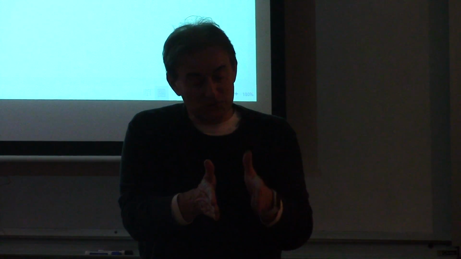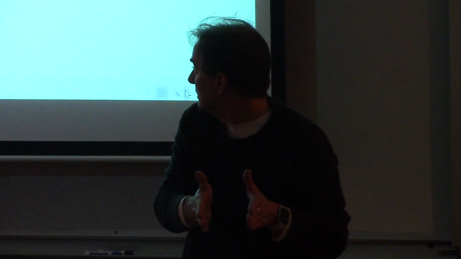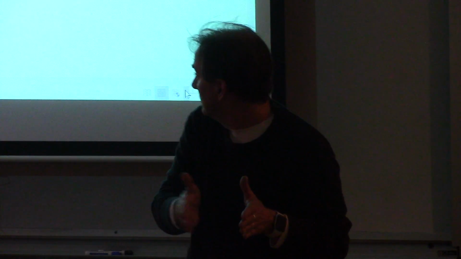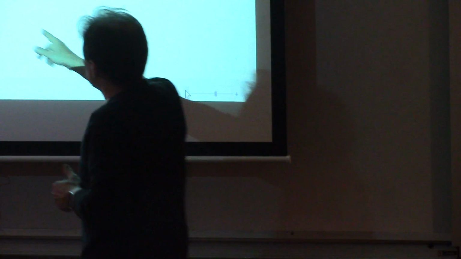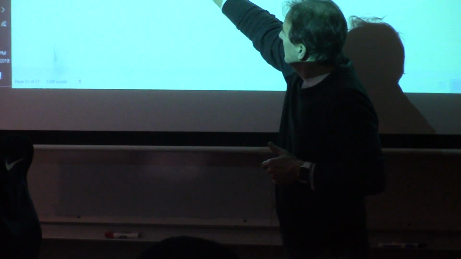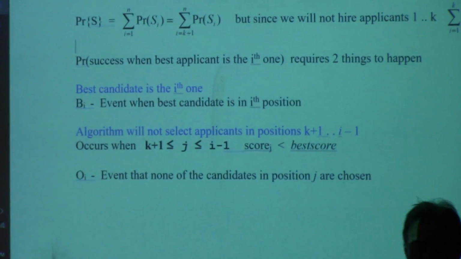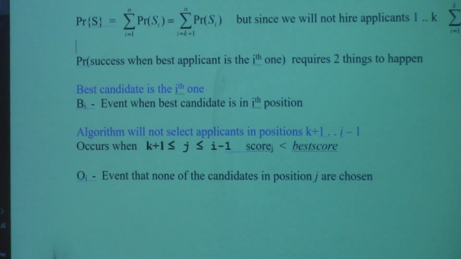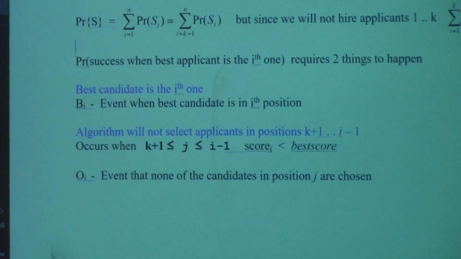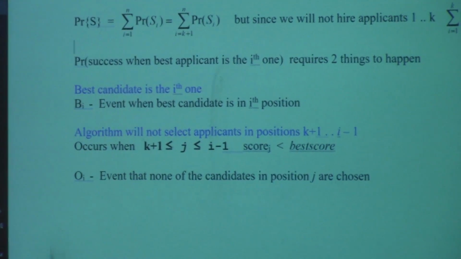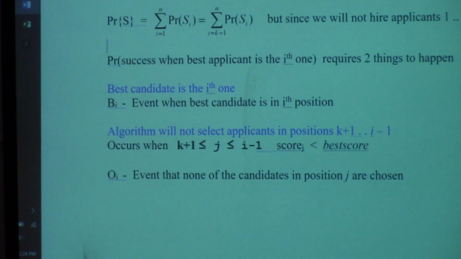B sub i, let's say it's true, let's say that the ith person is the best. The next thing we have to do is make sure that the algorithm will not select people from k plus 1 to i minus 1. How do we make sure of that? The people from k plus 1 to i minus 1 must have a lesser score than the maximum in k.